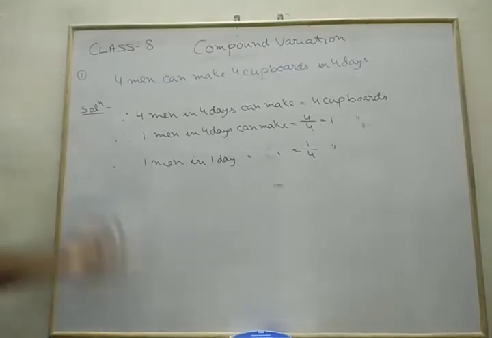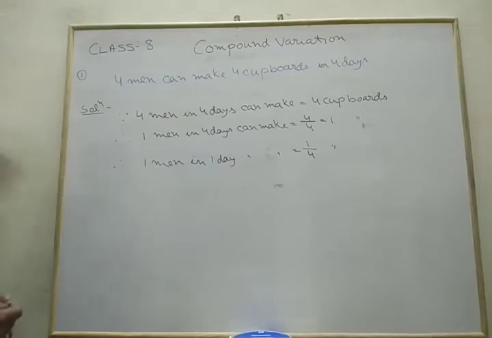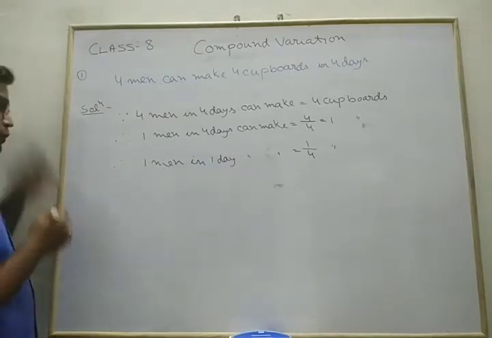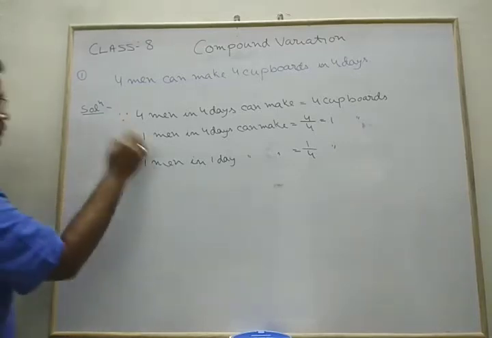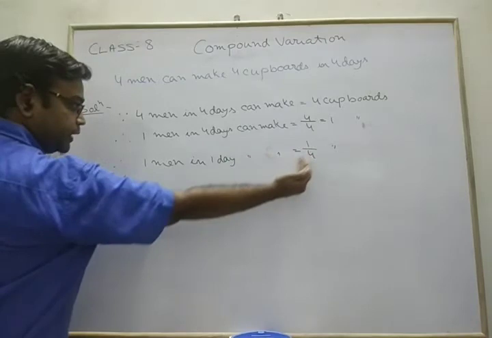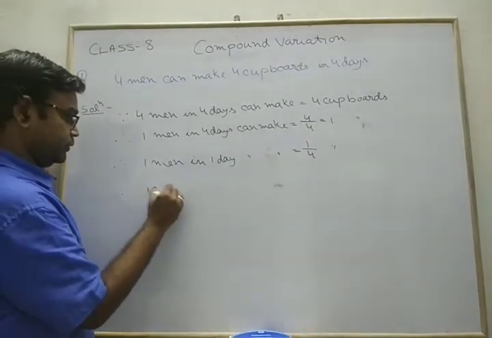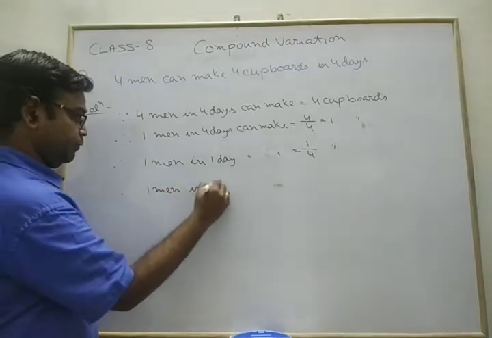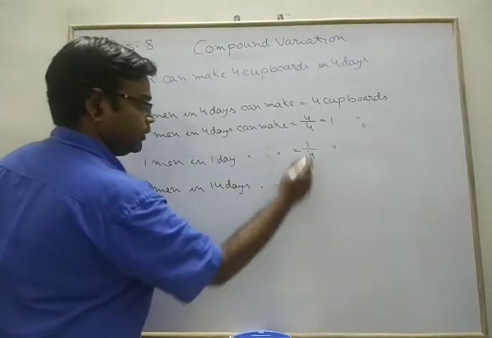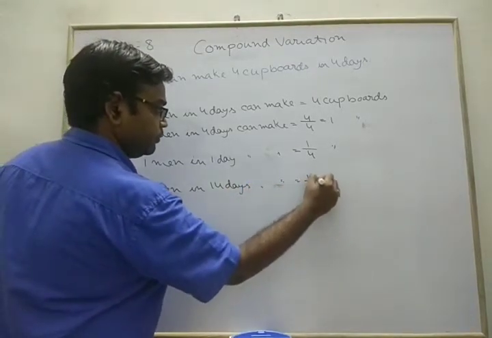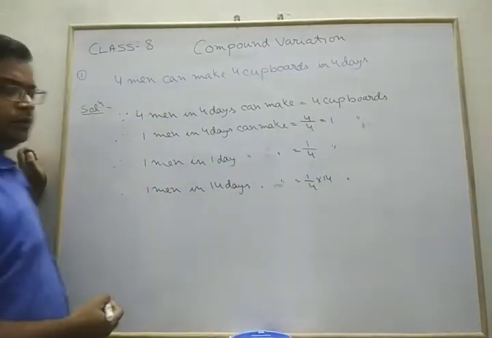Now the question asks about 14 men and 14 days. So one by one, we change the statement. We first decreased from left to right, but now we increase from right to left. Therefore, 1 man in 14 days can make how many cupboards? In 1 day it makes 1 upon 4. So for 14 days we multiply this amount of cupboard, no need to simplify.